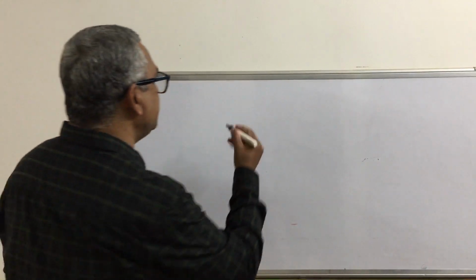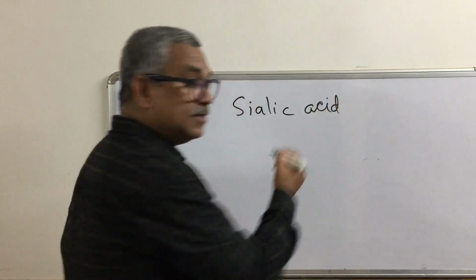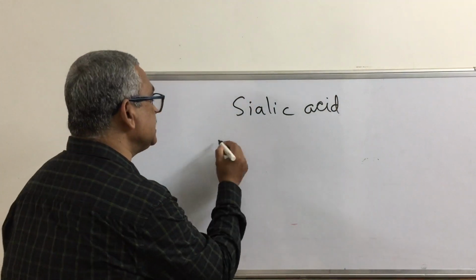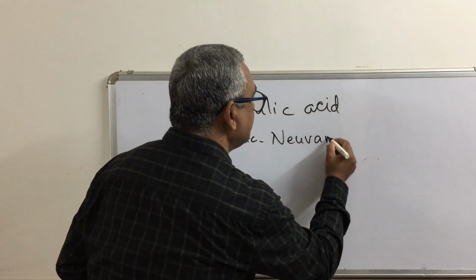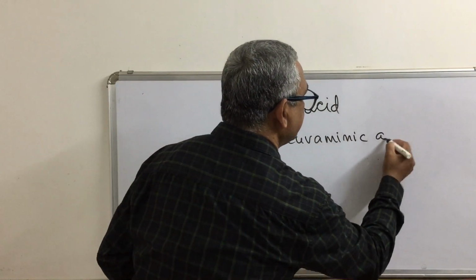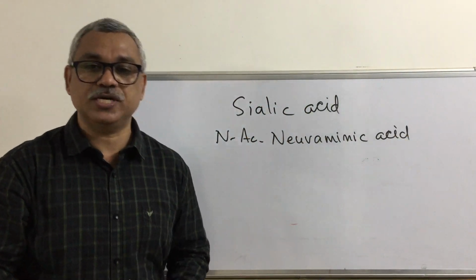So sialic acid, another name for sialic acid is N-acetyl muraminic acid. This is a very important amino sugar.